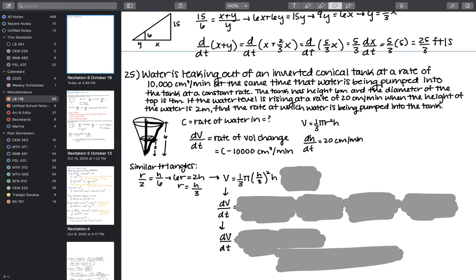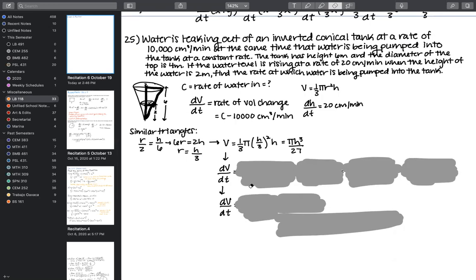And so we're going to use this relationship between the similar triangles in order to get them all into one variable, one workable form that works with the information that we're given. From there, we simplify to pi h cubed over 27. Now we do our differentiation. Once you get to the differentiation, you've done most of the work, and you can kind of relax. The setup is what's difficult about these problems.